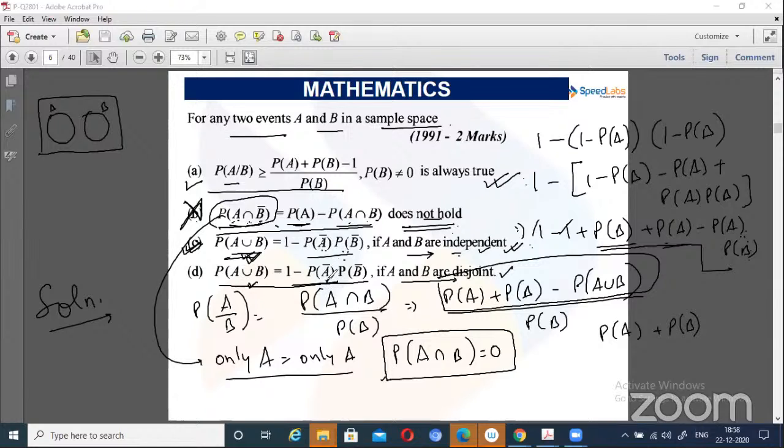In this case, A complement would be anything outside A. So it is 1 minus PA and 1 minus PB, ठीक है. Yes, this is true. Parth, correct.